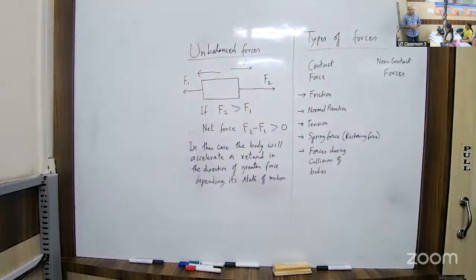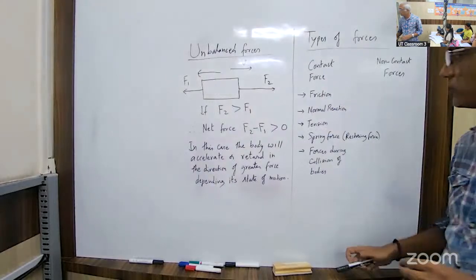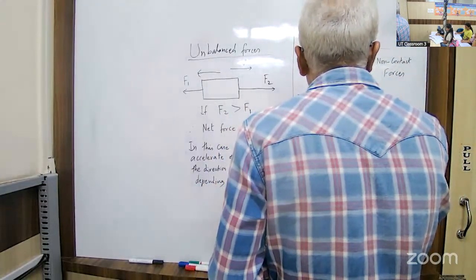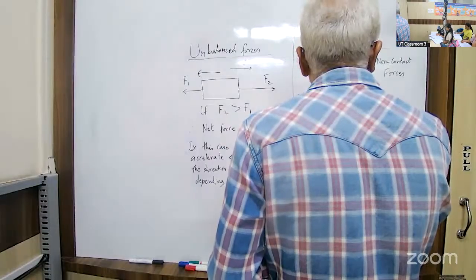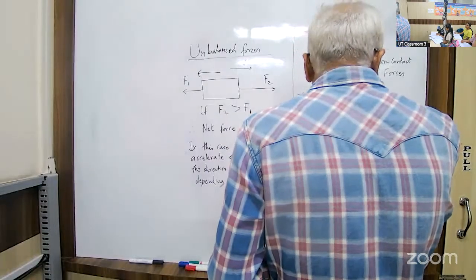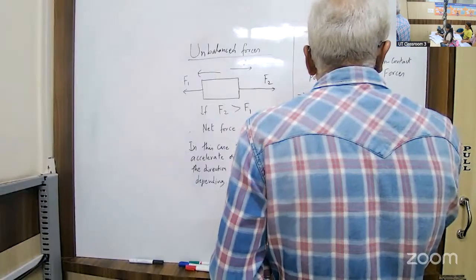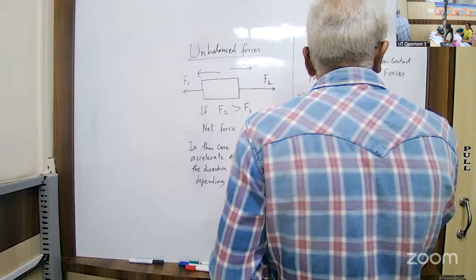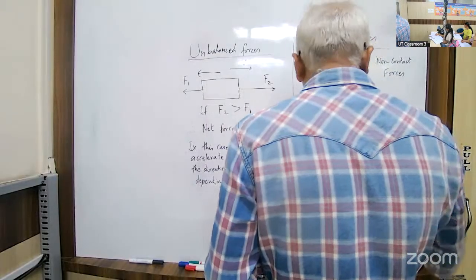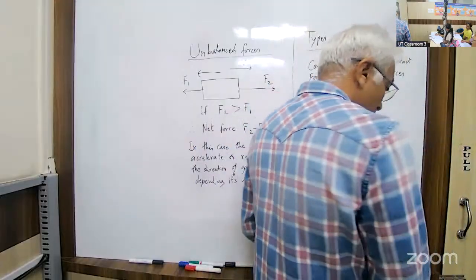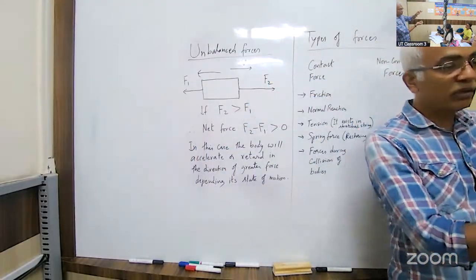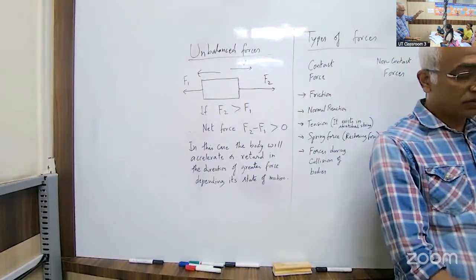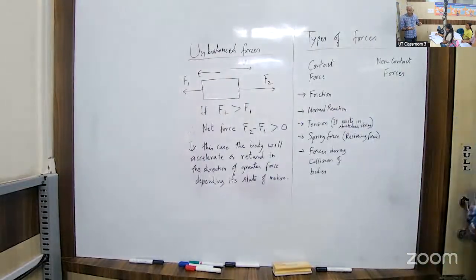Then you have tension. Tension exists in a stretched string. Now one is like a rubber band or spring, where the shape changes and then the restoring force brings back the shape.